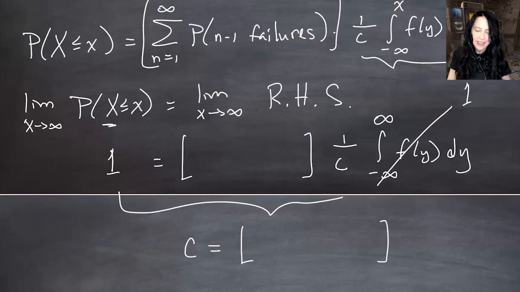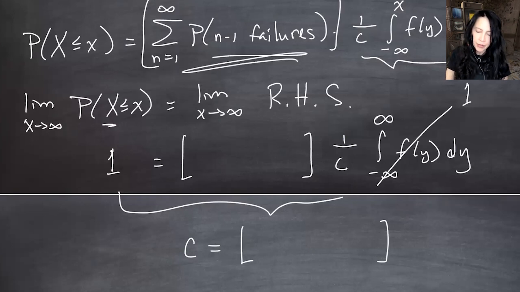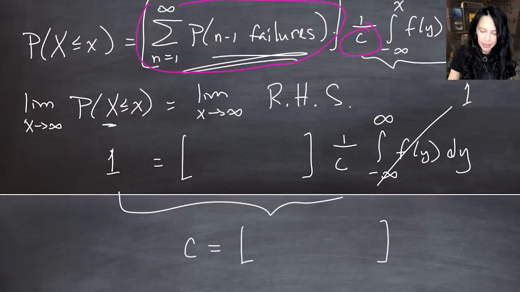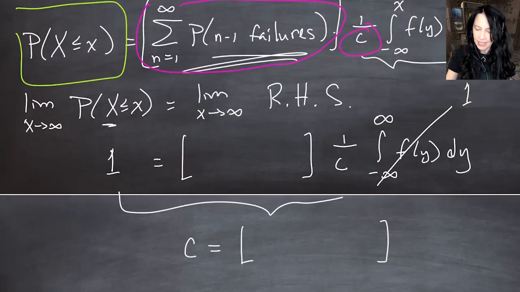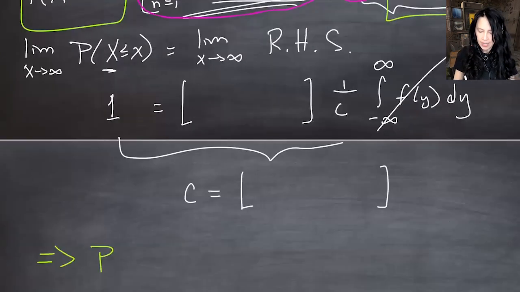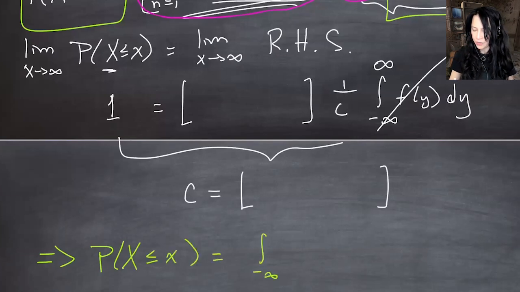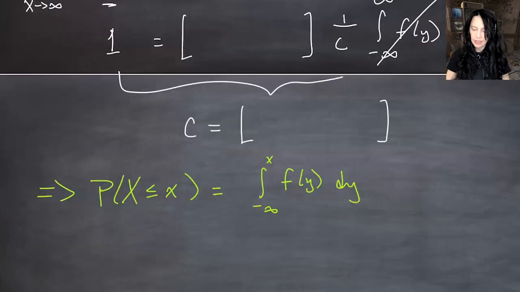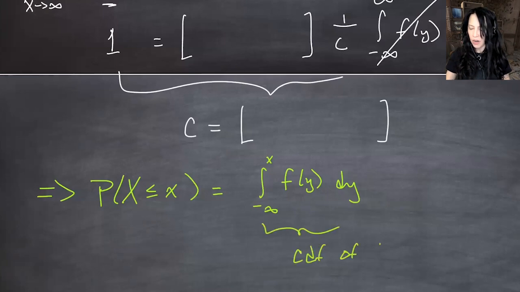How cool was that? We didn't have to figure out what this is, but we do know that this is equal to this. And so they're going to cancel. And what we're left with is this is equal to this, and that's what we wanted. So the probability that X is less than or equal to x is the integral from minus infinity to little x of f of y or whatever. This is the CDF of the target distribution.